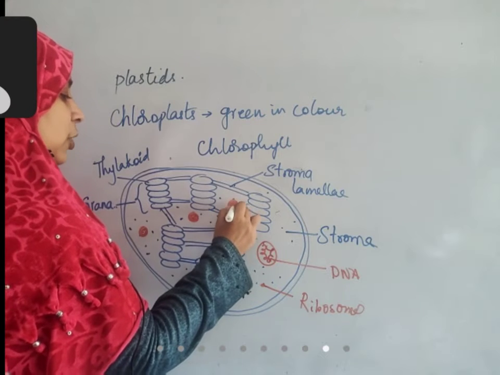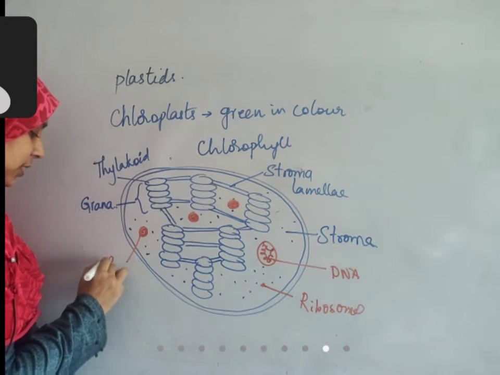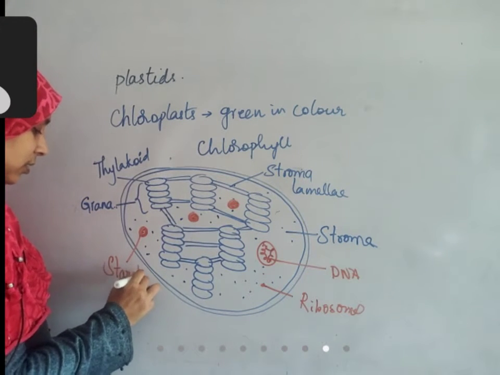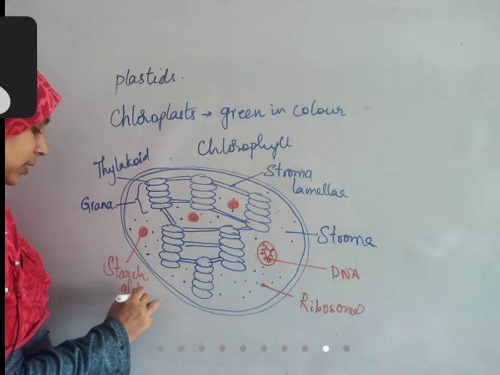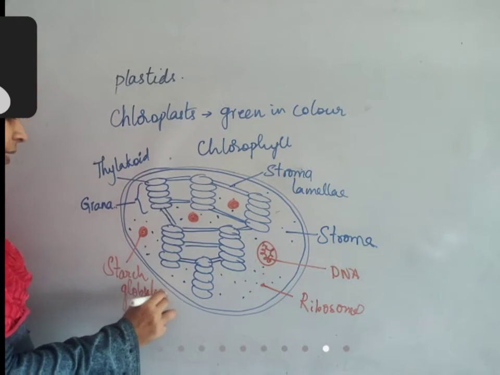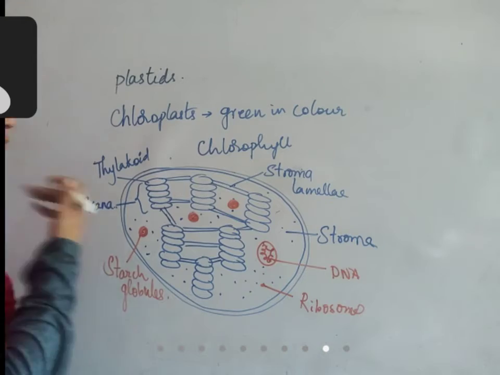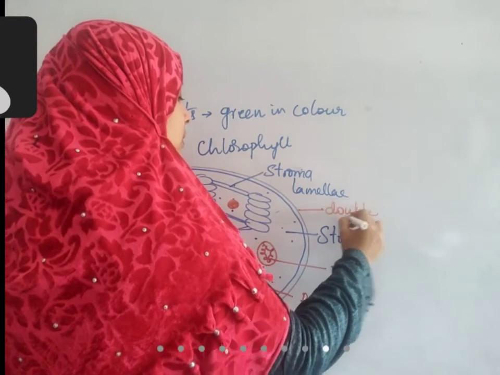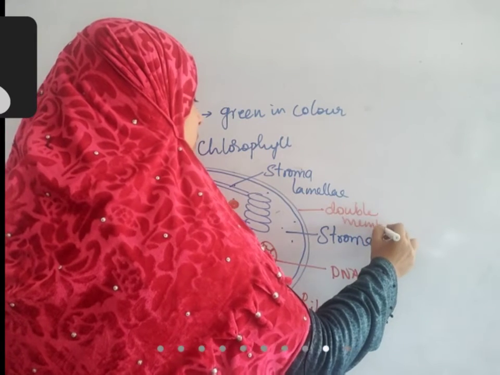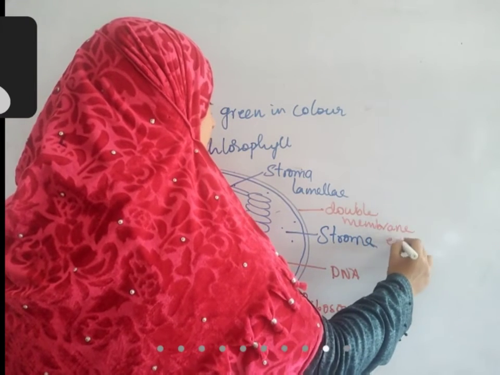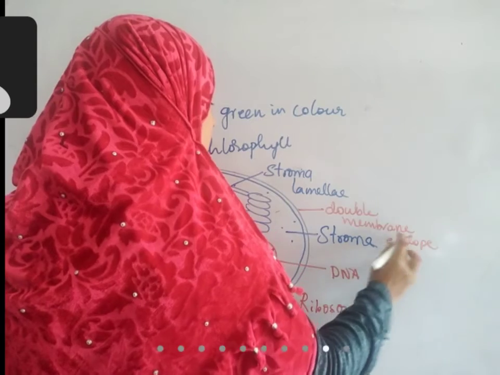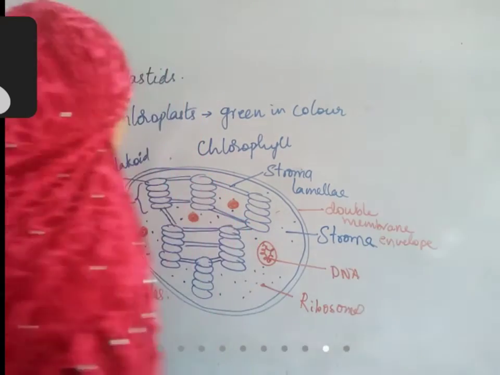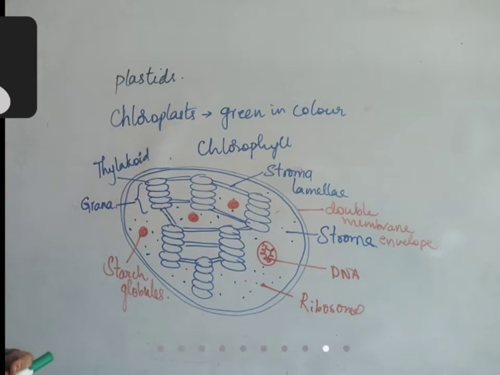Chloroplast's main function is production of starch molecules. You can see some starch globules. So, a very simple structure. These outer two membranes are a double membrane envelope. The third membrane is folded into thylakoids.